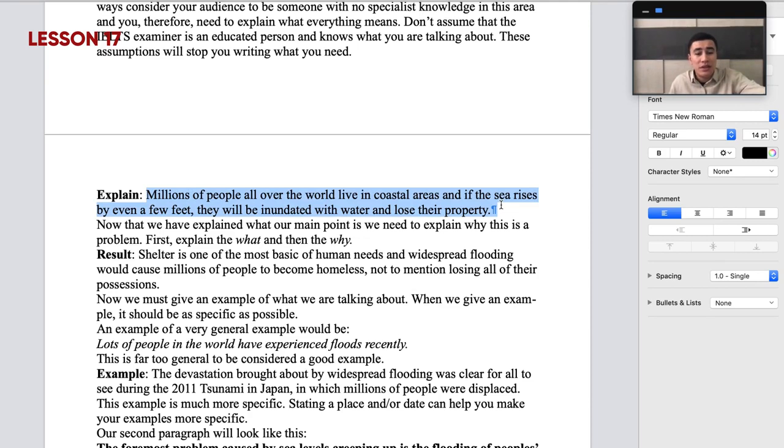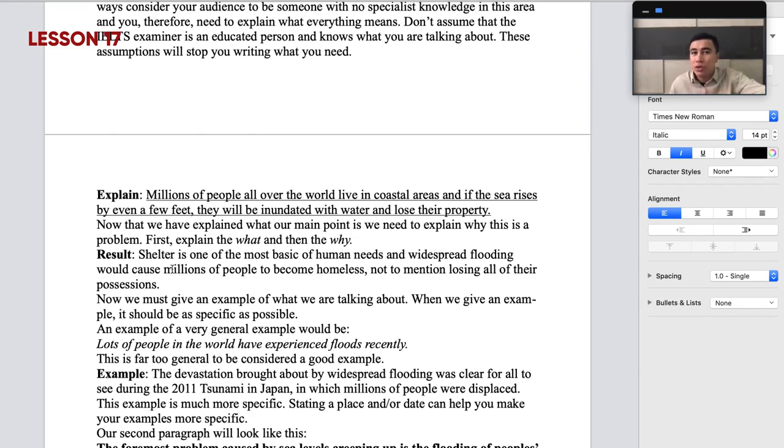Okay? So, this is the explanation of why this is dangerous, because millions of people are likely to lose their property if this happens.